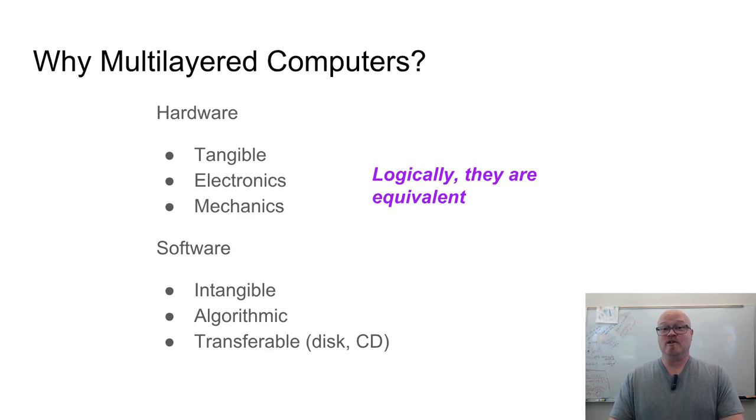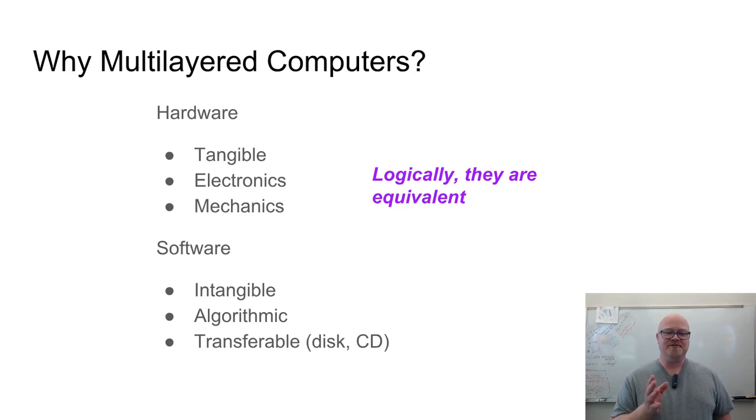But logically equivalent, if you recall a previous lecture, logically equivalent to that hardware is software. Software that can do the same thing that that hardware does. And that's what we do when we program. We write it out one way. It gets translated into machine language so that the hardware can perform that same set of operations. But what's unique about software, first and foremost, is that it's intangible.